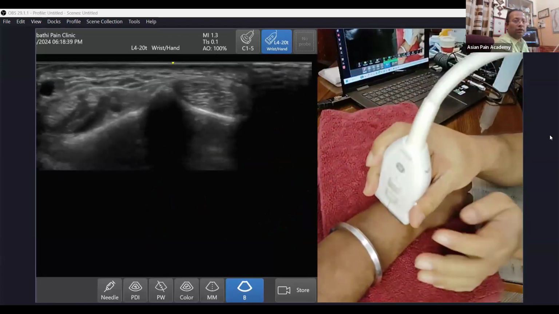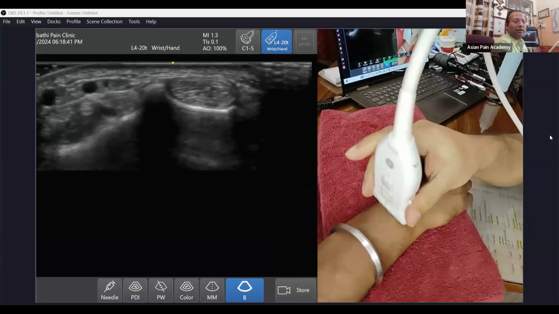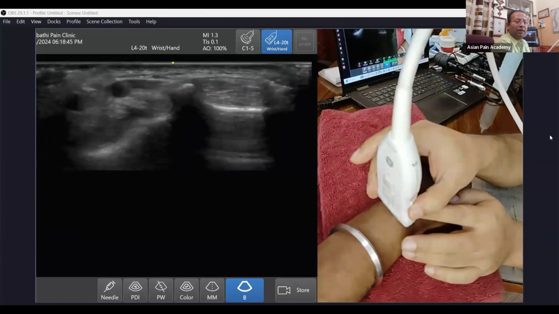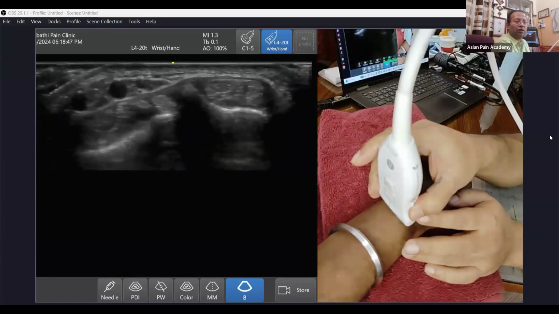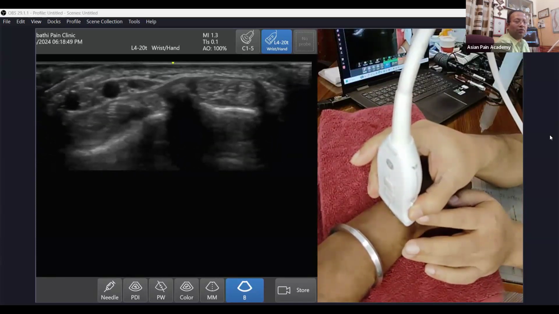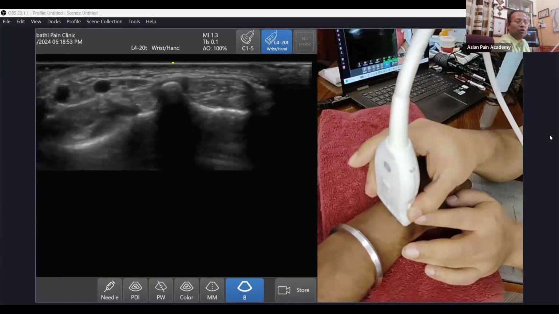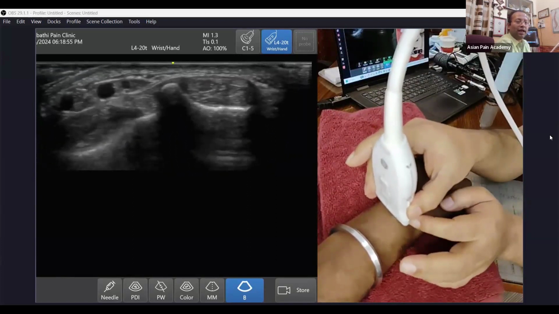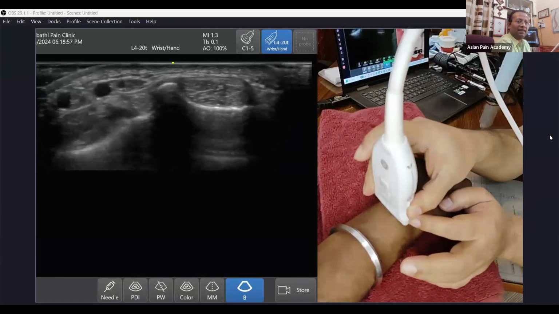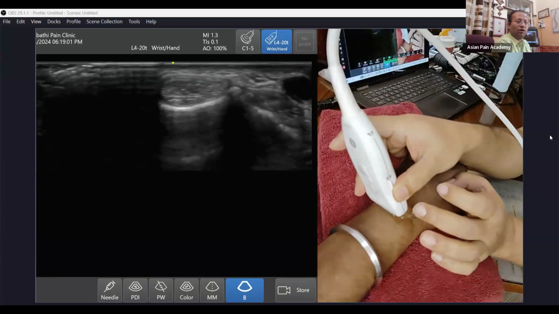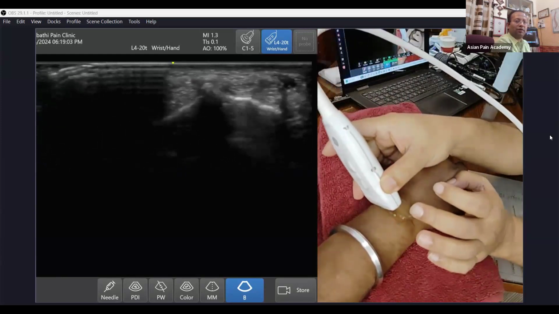Okay. So this is the same area. ECRL, ECRB, EPL. From the Lister tubercle, we have understood. Now let us see compartment number 1. If on the right side it is compartment number 2, we will go more right to see compartment number 1.